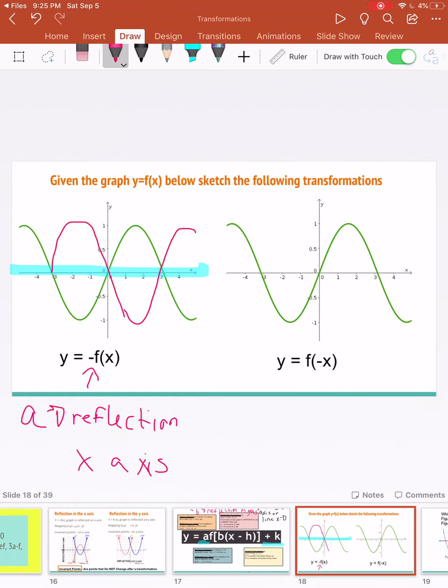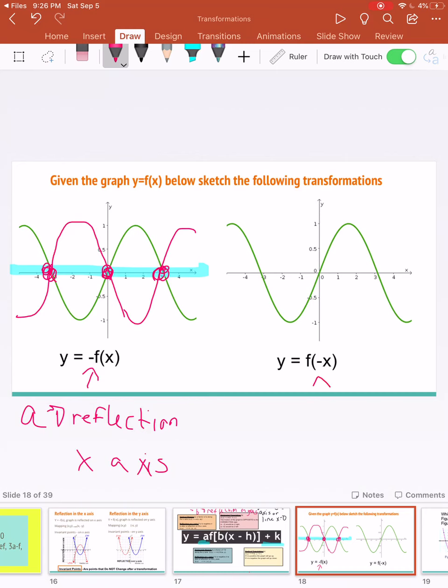So once again, we do have invariant points. Invariant points are going to be any points along that x-axis. Invariant points are points that don't change after you perform a transformation.